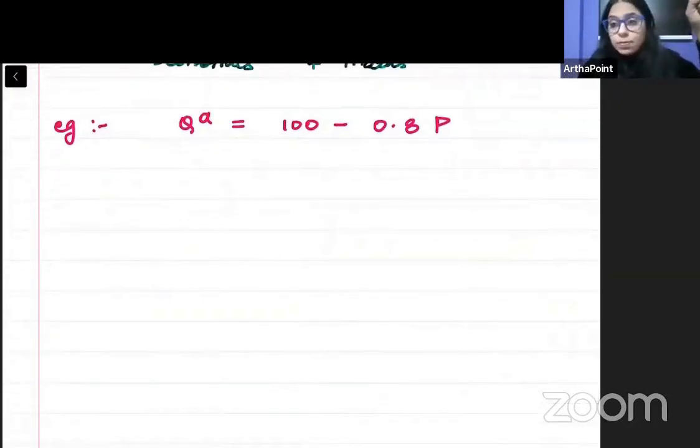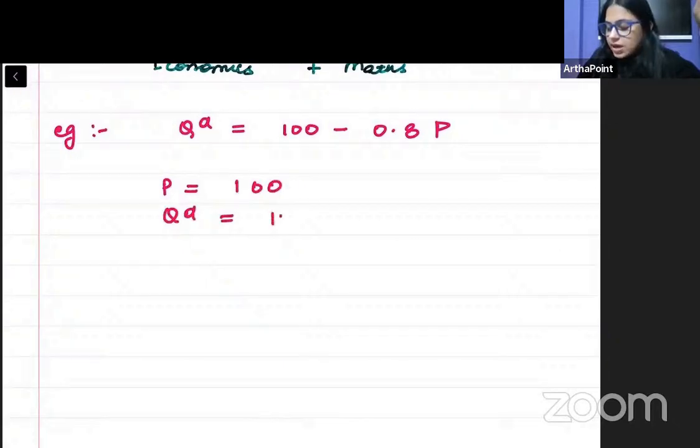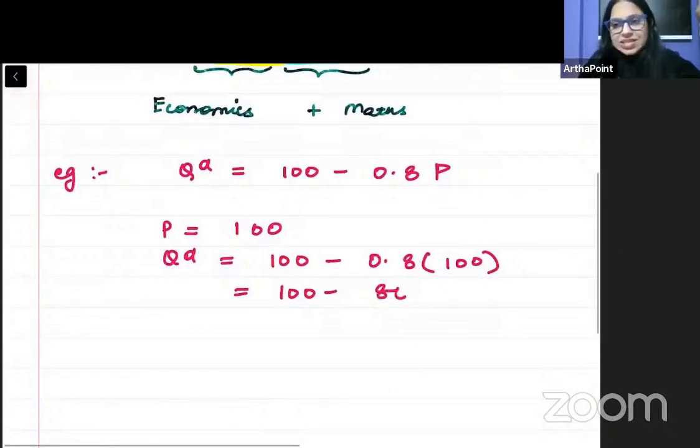You can tell me that, look, ma'am, if you keep price as 100, then your quantity demanded will be 100 minus 0.8 into 100, which means 100 minus 80, which is going to be 20.